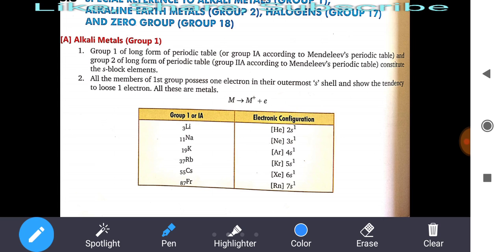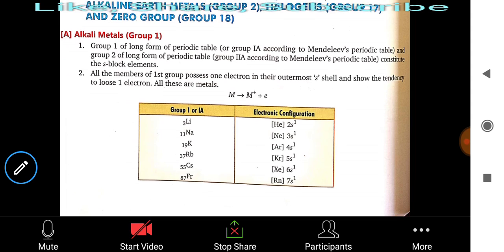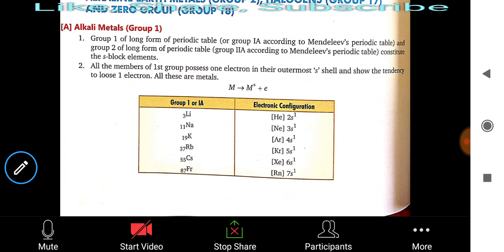So all the members of the first group possess one electron in their outermost s shell and show the tendency to lose one electron. All of these are metals. I already told you that in the periodic table, on the left hand side only metals are found, and on the right hand side generally non-metals are found.